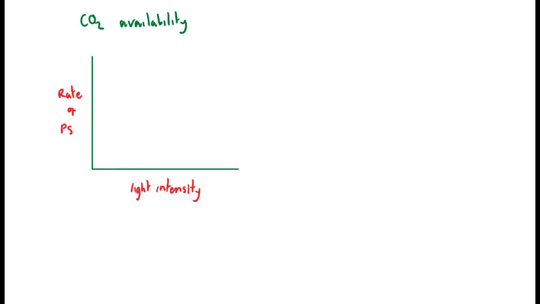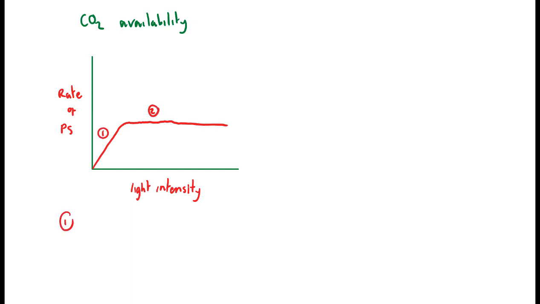The next factor we can look at is carbon dioxide availability. So let's take a similar graph. So we've got light intensity against rate of photosynthesis. So let's start off with a fairly standard one. So we've got position 1 and position 2.